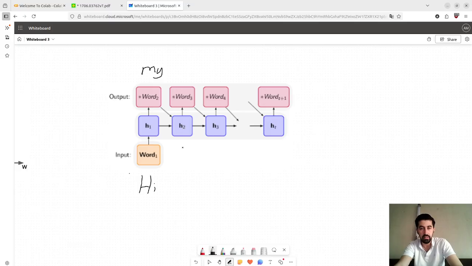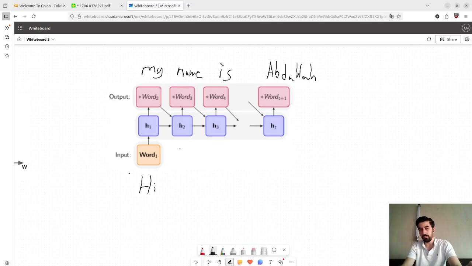We get here "name". We do the same process. Is, I don't know, Abdullah here. So this is what was used in sequence modeling before attention came.